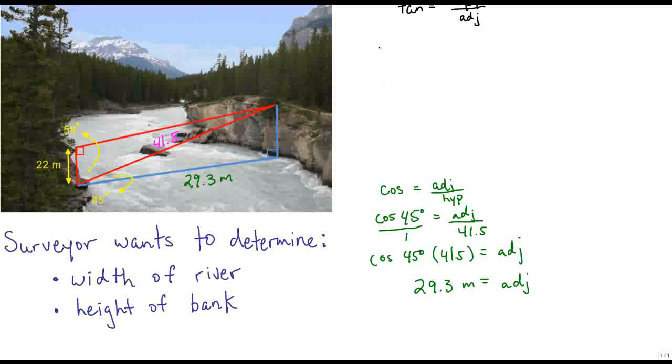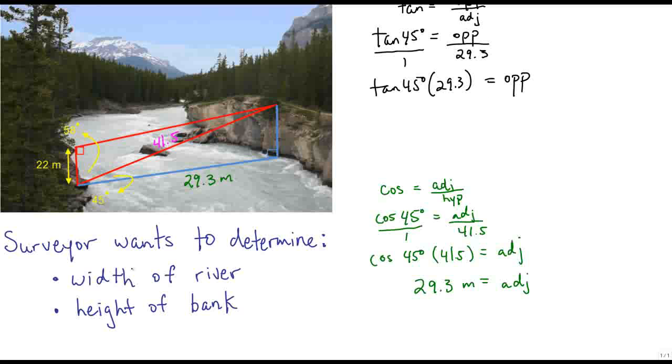So we have tan 45 degrees equals our opposite over our adjacent, which we have just calculated to be 29.3. Now we're going to quickly turn this into a proportion to make it easier to calculate. So we have the tan of 45 degrees times 29.3 is going to be our opposite side.